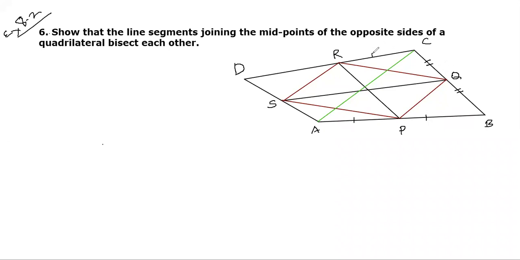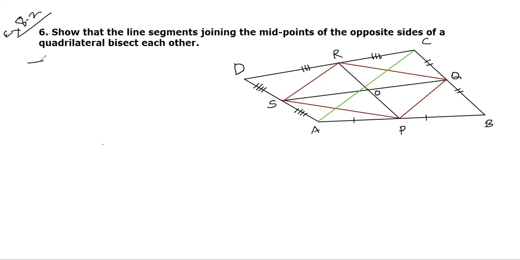Similarly, this is a quadrilateral. This side will be different, but half of it will be equal to half of the other. We have to show that the lines joining the midpoints of opposite sides bisect each other.